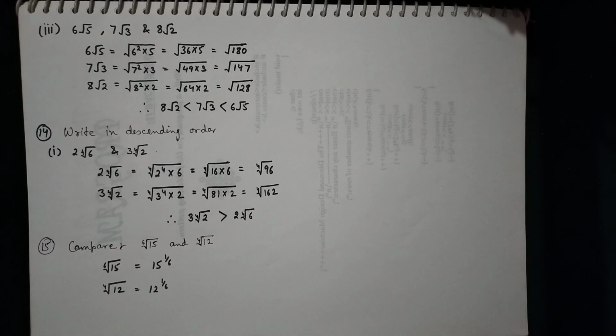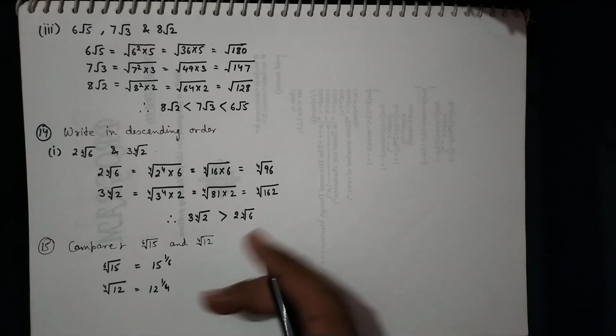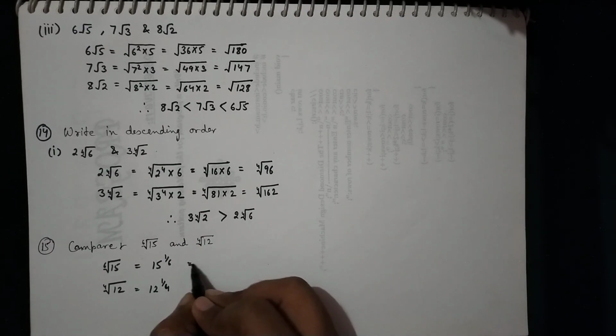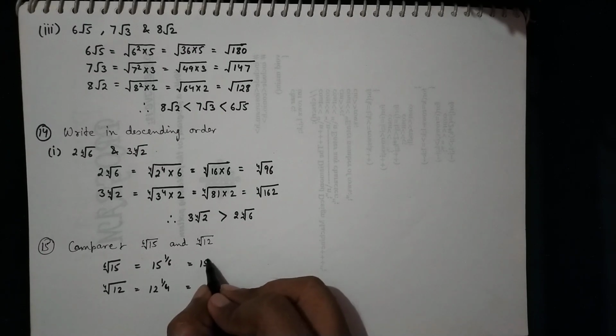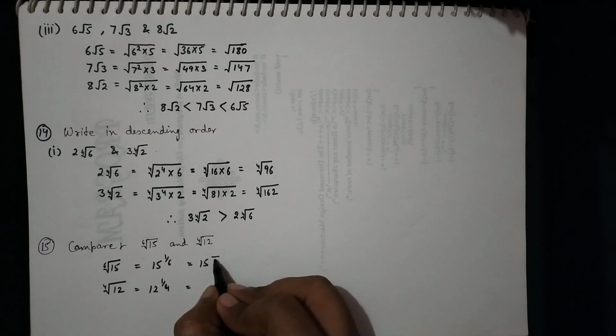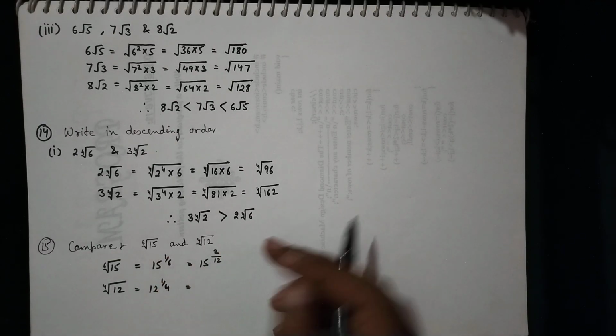Now 1 by 4. Now we are going to take the LCM of 6 and 4, and that we get 12. So in the base we are going to write 12. This means we are going to multiply this one by 2, so on solving this we will get 1 by 6 again.